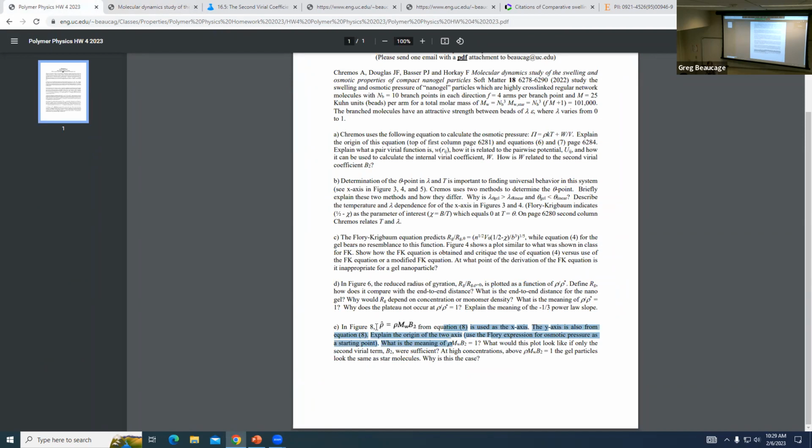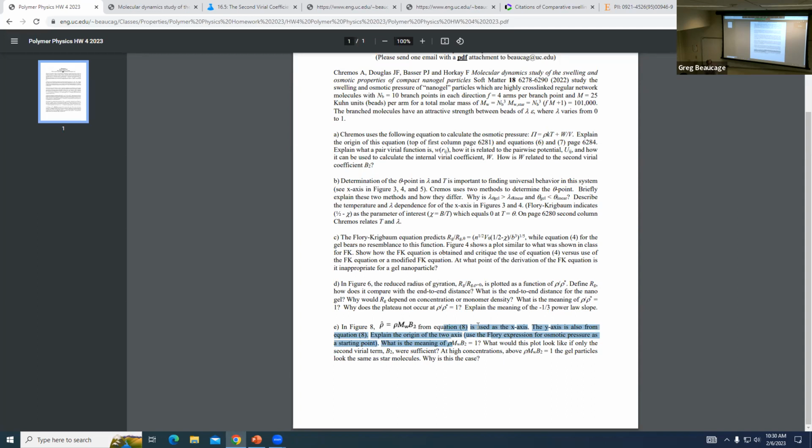I showed you how to do it in the other class. So this is right out of the Flory-Huggins, and then this falls out. These axes fall out of that, and then where that equals 1. See, this is a volume. B2 would be a volume. B2 times rho, which is a number per volume, would give you the point where kind of like a C star number for B2.